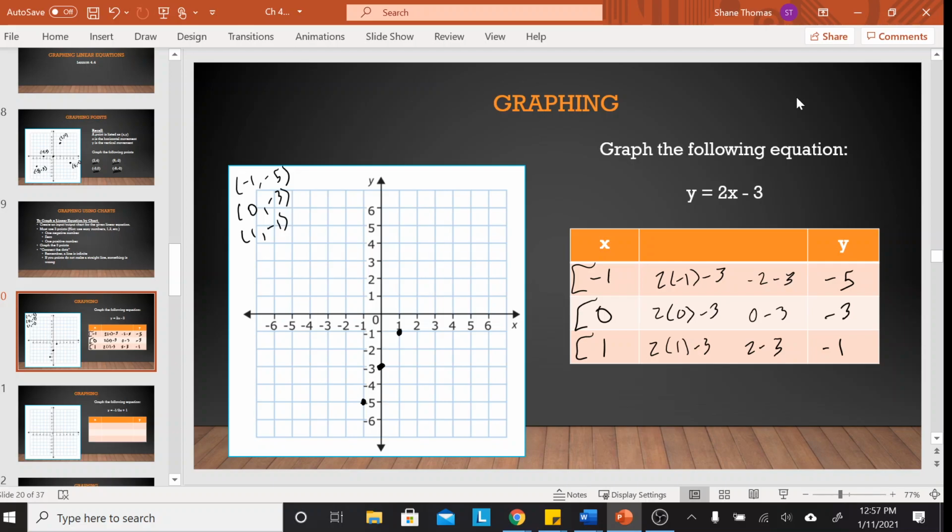It would go right there. So I got my 3 points now. They look like they make a straight line. Let's connect the dots, going the whole way through them, and put an arrow on both ends. That would be my line. That is the graph of the function y equals 2x minus 3.